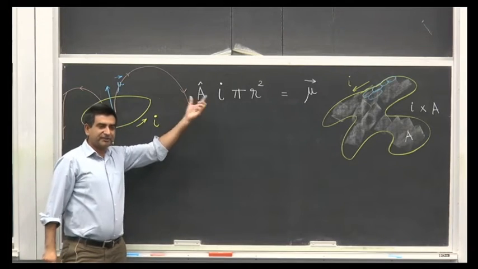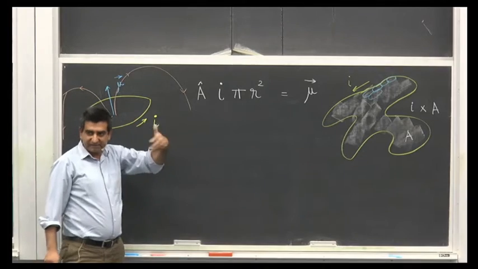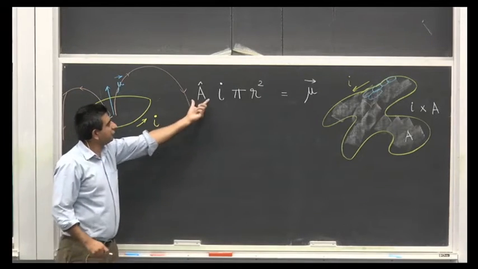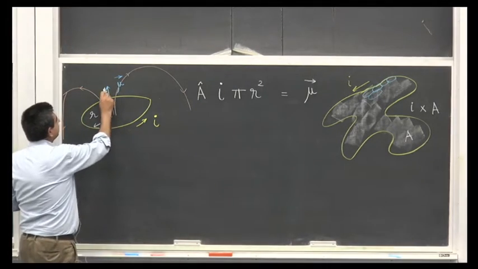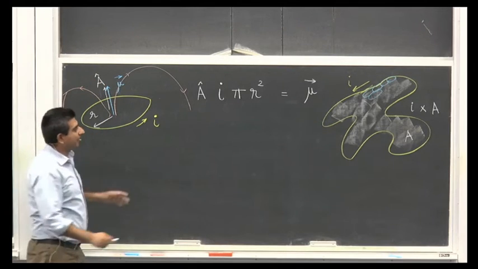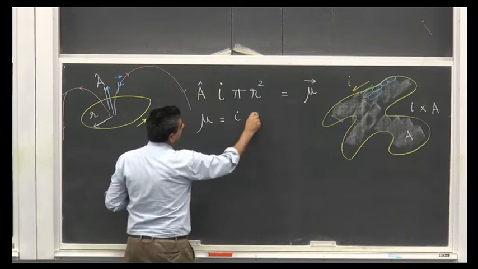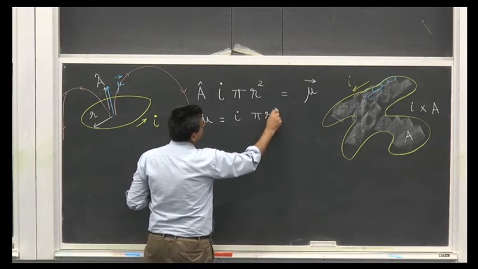A hat, the unit vector, does not have any magnitude. It has magnitude 1. It just specifies the direction. And this unit vector points in the same direction as the magnetic moment. Anyway, this is my relationship of interest, I times the area enclosed. This is my mu.